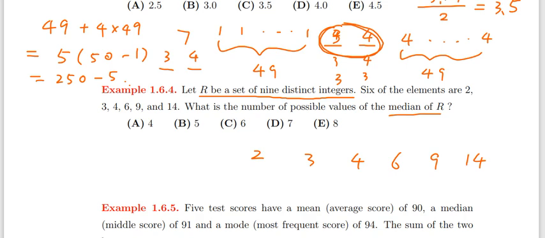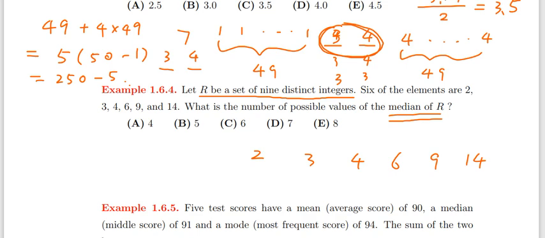Okay, so we have 3 more numbers. The question is how many possible medians there are for R, a set of 9 distinct integers.